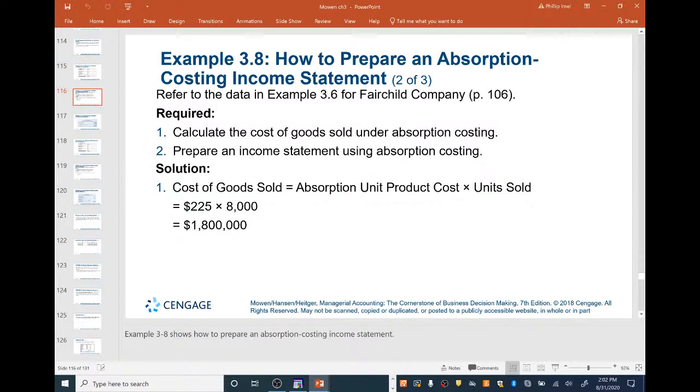So first thing we want to do is calculate the cost of goods sold under absorption costing, okay?